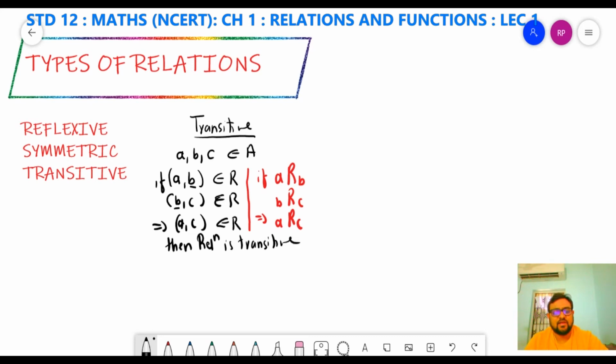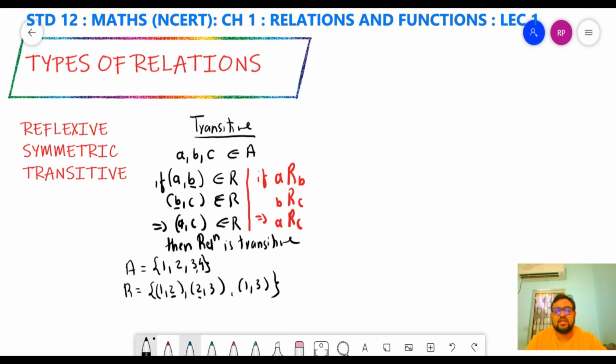Okay, I'm taking an example again. If set A is 1, 2, 3, and let's say also number 4. If the relation is like this: (1, 2), (2, 3). Now see, this is matching the second element and the first element. So (1, 3).